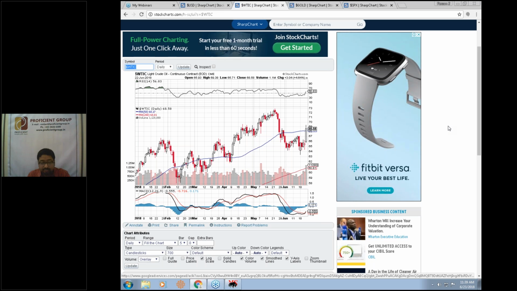So the uptrend is likely to continue, and the overall primary uptrend is very strong. And with last night's movement, crude is again trading above its important moving averages of 50 and 200 day denomination.